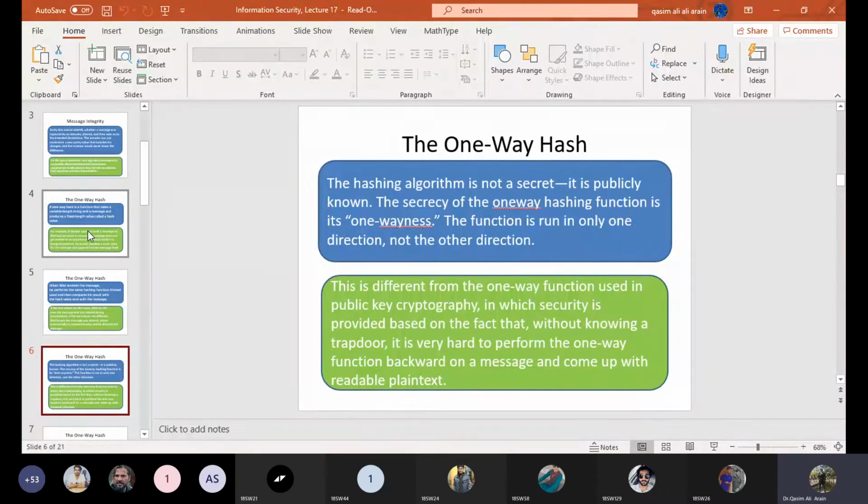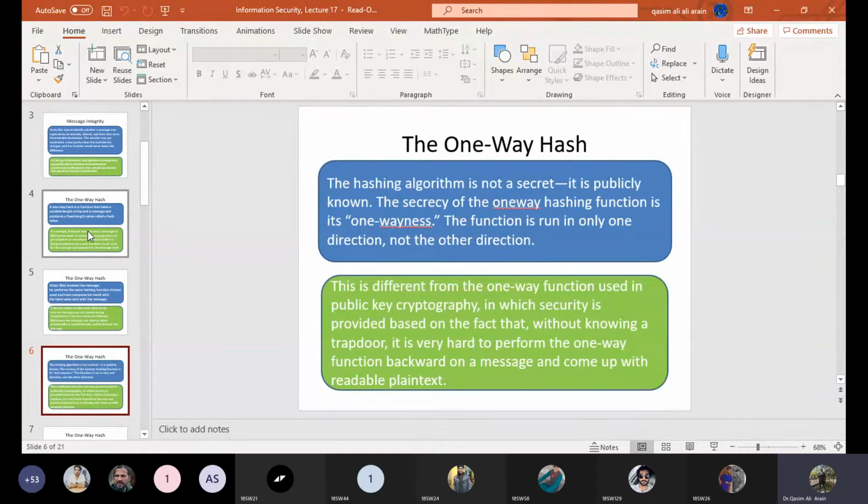What we have discussed in public key cryptography, until we are familiar with the trapdoor, we cannot perform the same function backward in order to get the plain text. I mean to say, right? So the trapdoor is very important, but in this particular situation, we don't need any trapdoor. We don't need any function that needs to be performed in the backward direction.